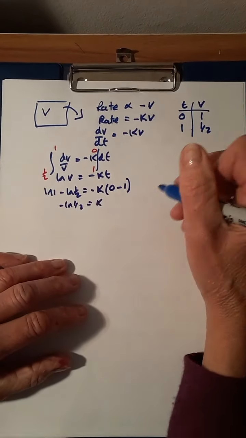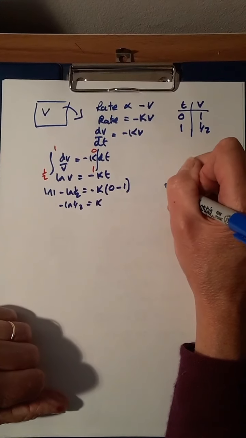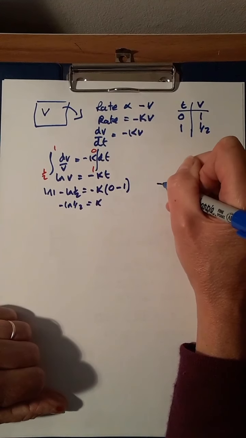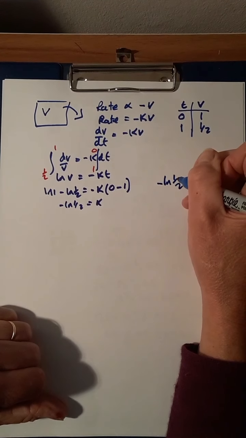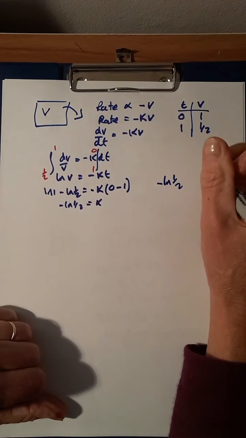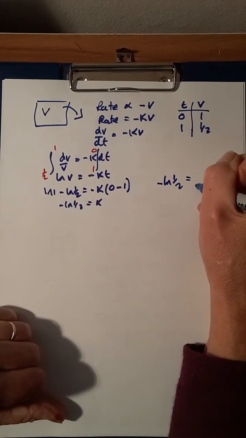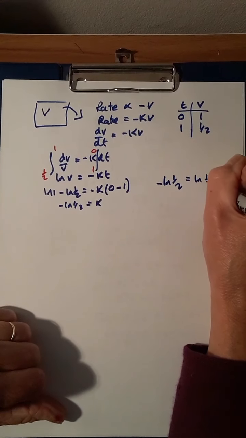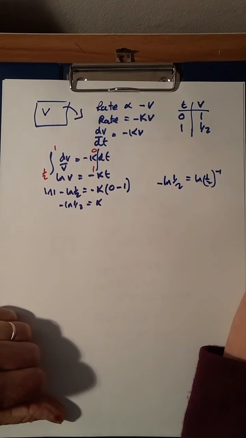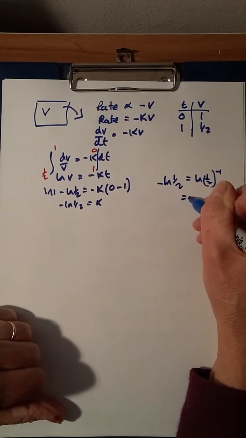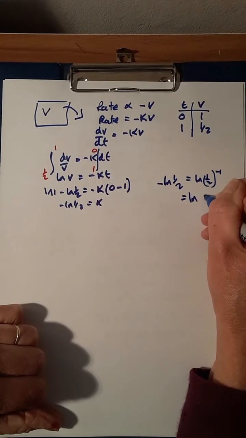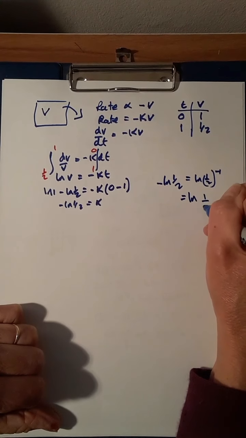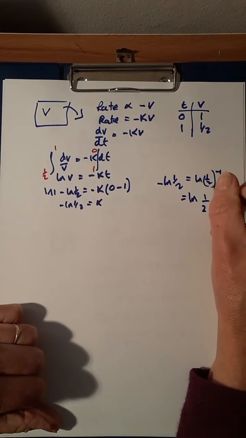Now just something over here at the side. Minus ln of 1/2 is the same as ln of 1/2 to the power of minus 1, which is also equal to ln of 1 over 2 to the power of minus 1.